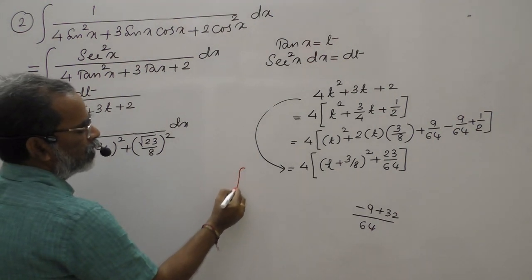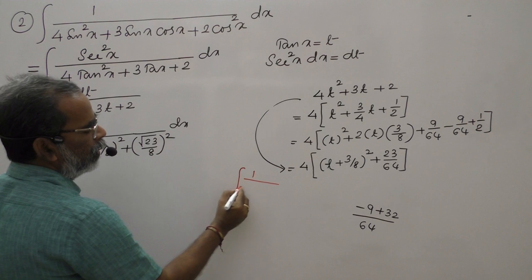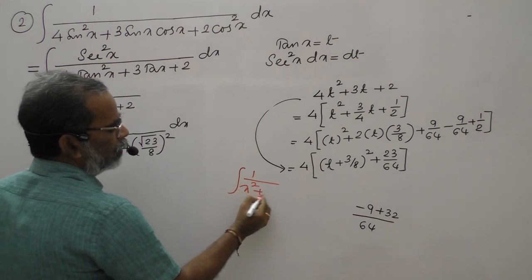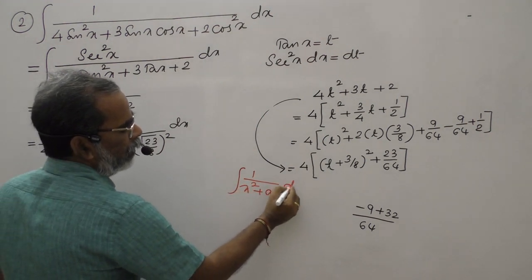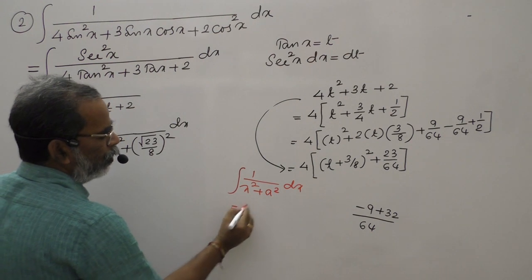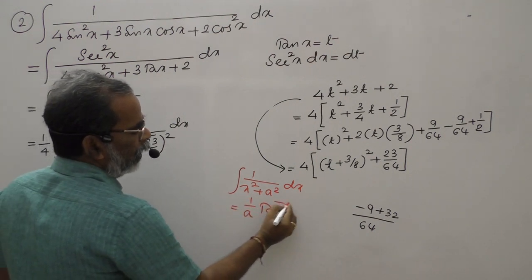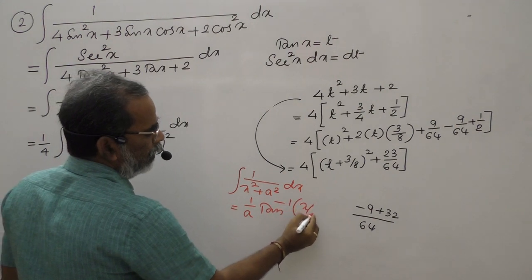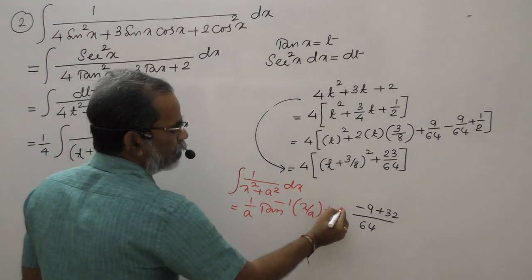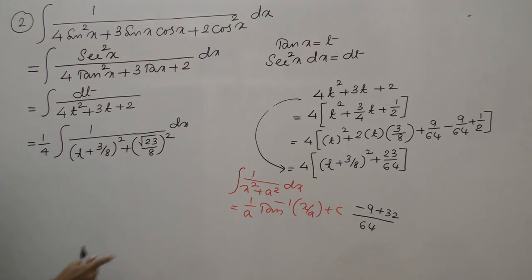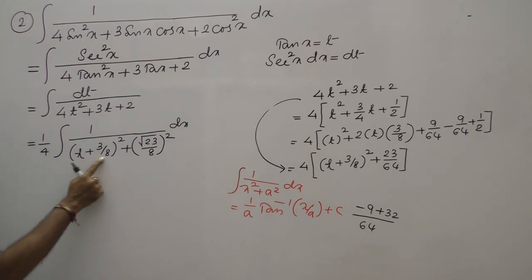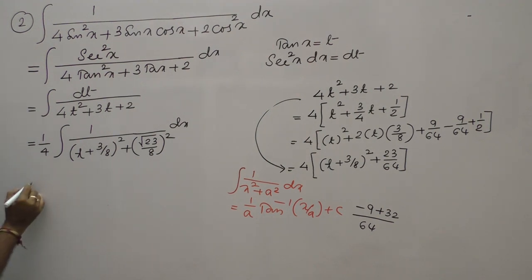See, it is a standard integrand. Again, which standard integrand? Integral 1 by x square plus a square into dx, whose integral is 1 by a into tan inverse of x by a, of course, plus c. So in place of x, what do we have? Linear, we can apply, no problem.